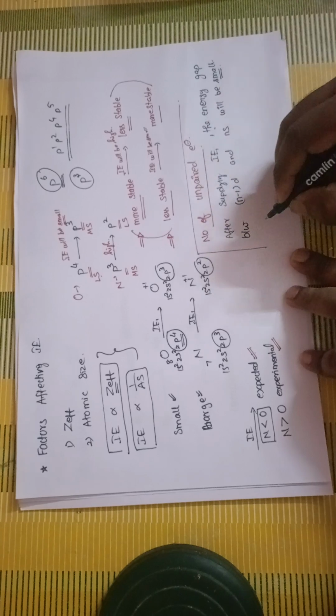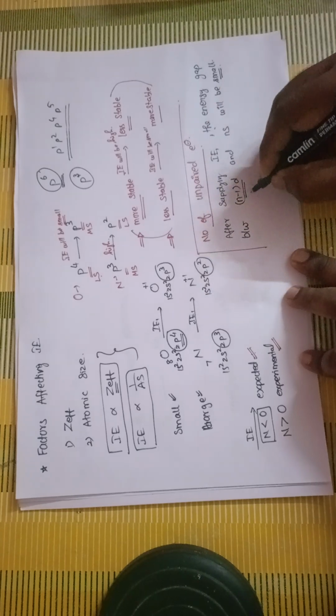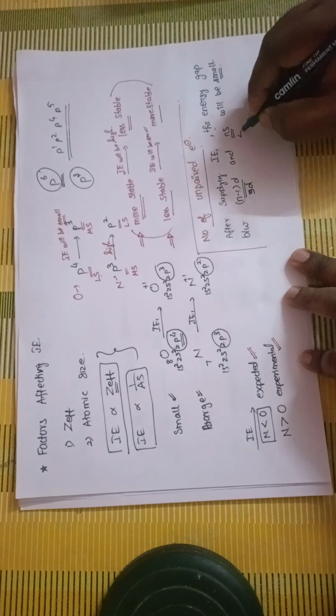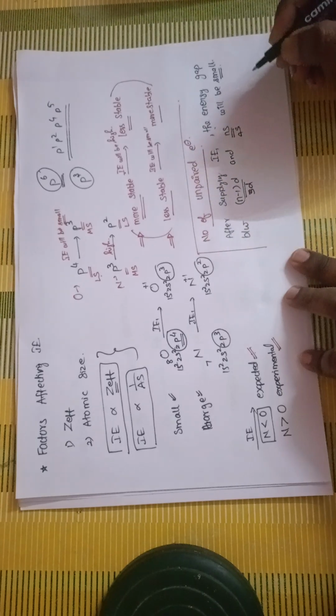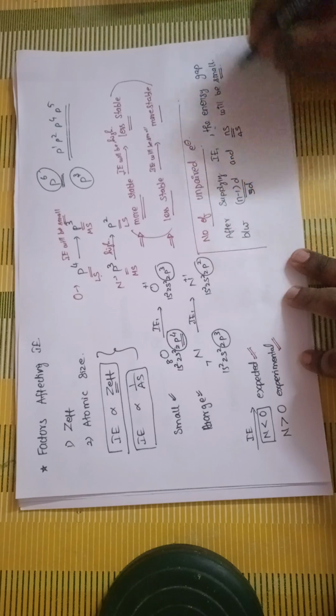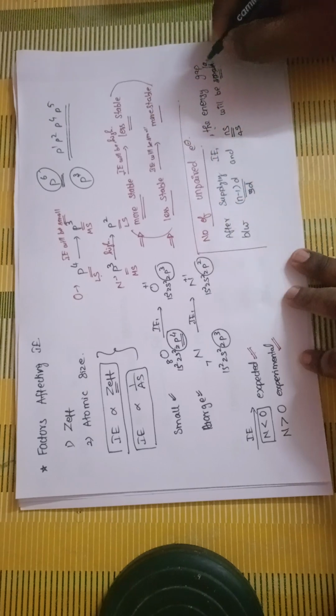What is the meaning? n minus 1 d is nothing but 3d, ns is nothing but 4s. After supplying ionization energy, the gap will be large.